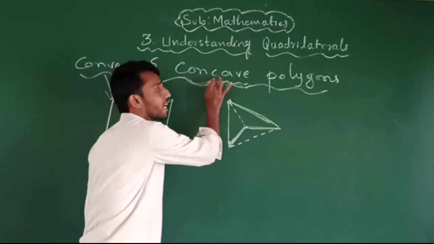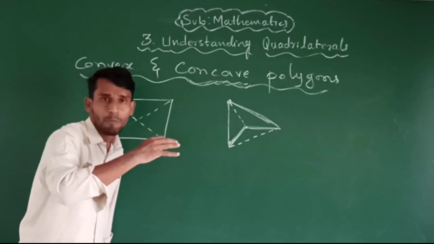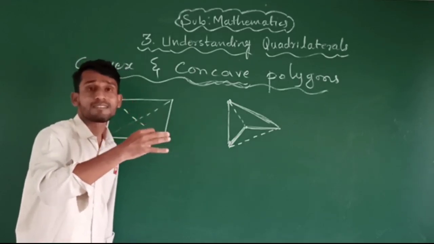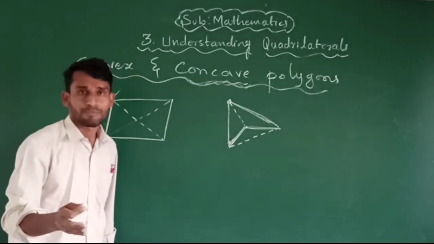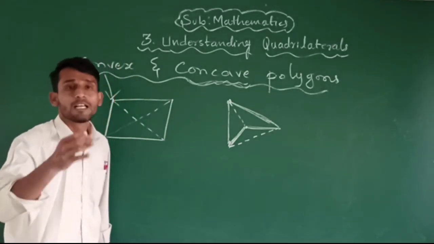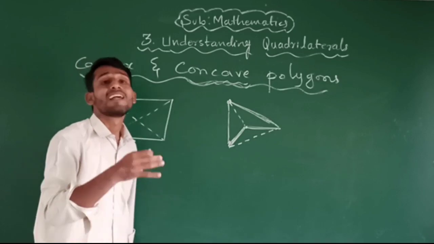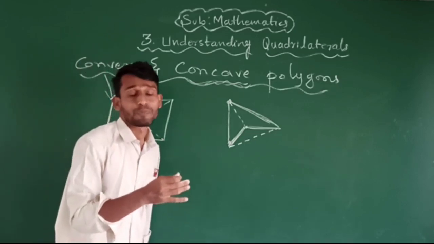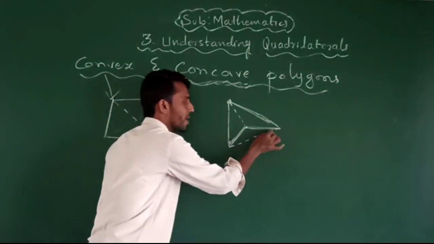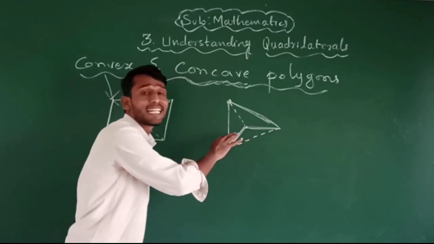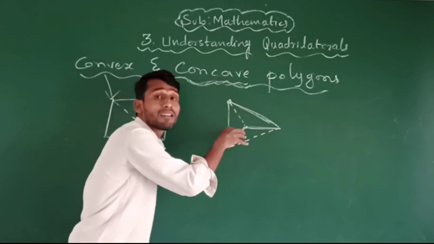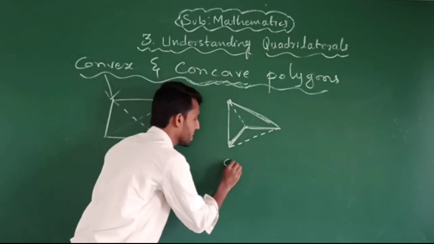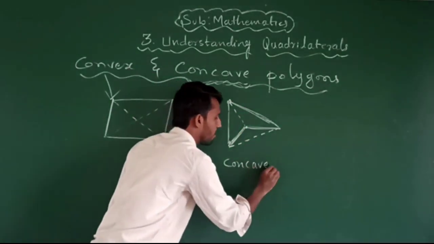Next, I am taking concave polygons. Which polygons have diagonals outside the figure, those polygons we will call concave polygons. Here in this figure we are getting one diagonal that is outside the figure. So we can say this is a concave polygon. Now you write here concave polygons.